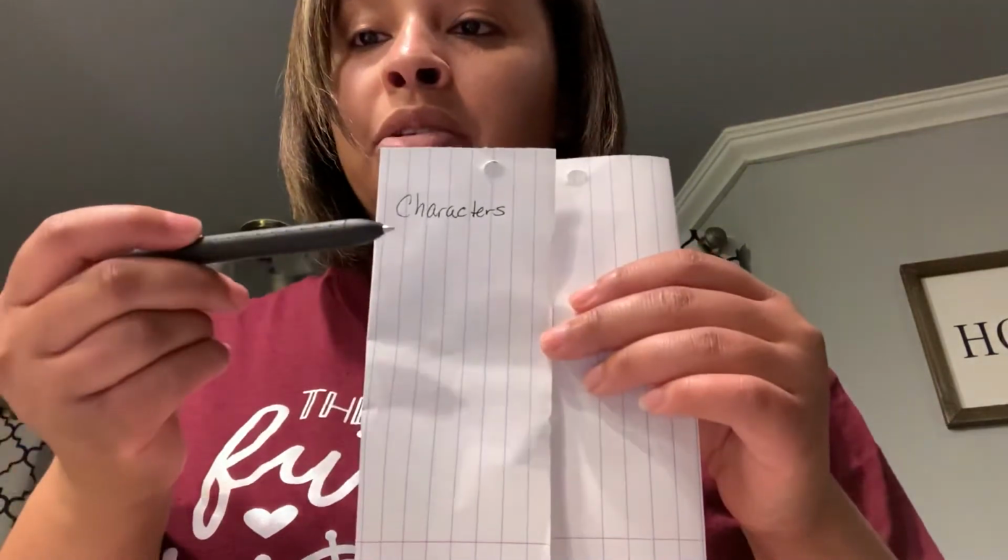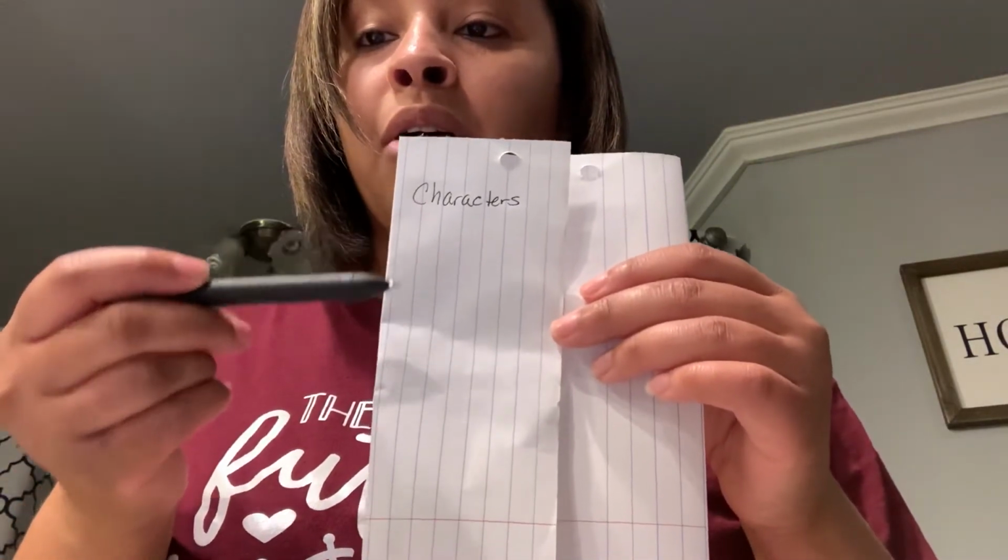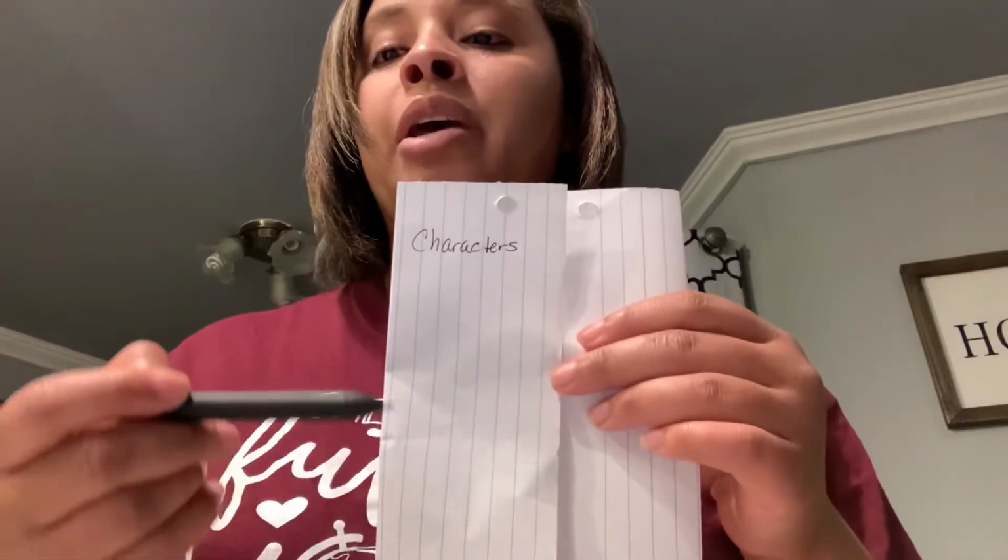Okay, all right, first I'm going to take my pen here, and on the left side, on the outside, I'm going to write characters. On this side, you're going to list all the characters. Now, we had 4 major characters and 4 minor characters.